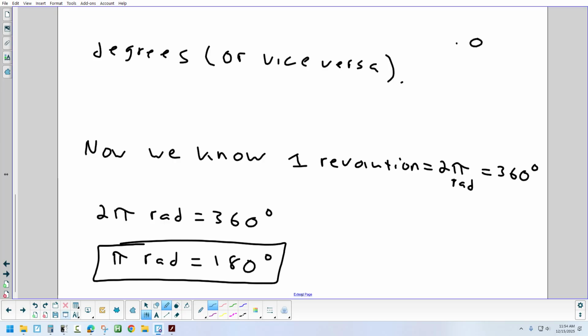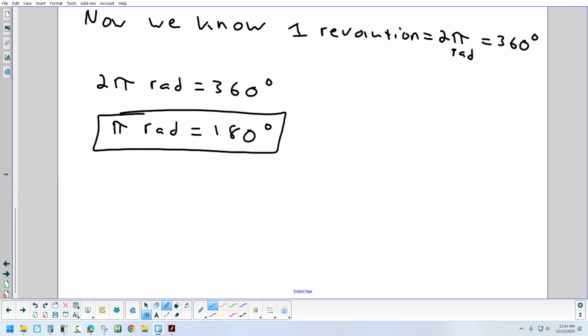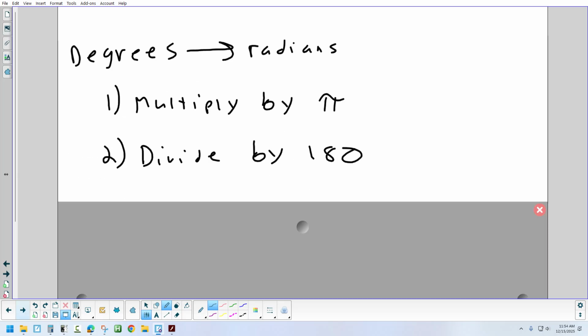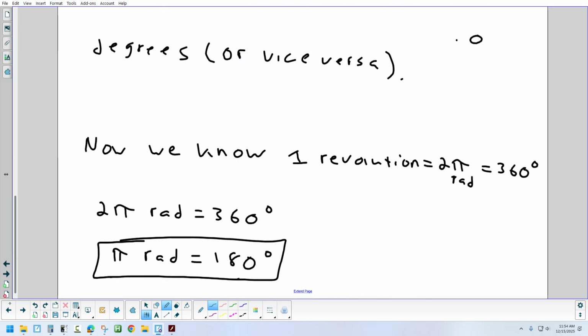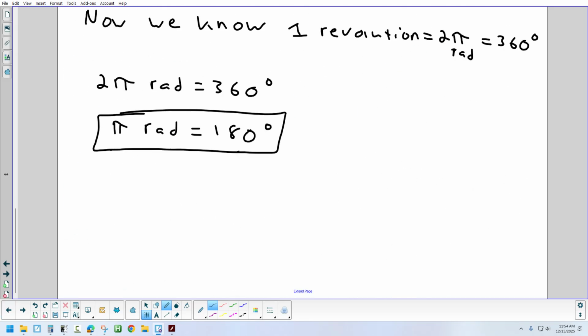So let's do the same thing here. Let's get a 1 in this conversion, because right now we've got a pi and we've got a 180. We don't have a 1. So let's get a 1 on the right side. What could I do to both sides to make the right side a 1? Divide by 180.